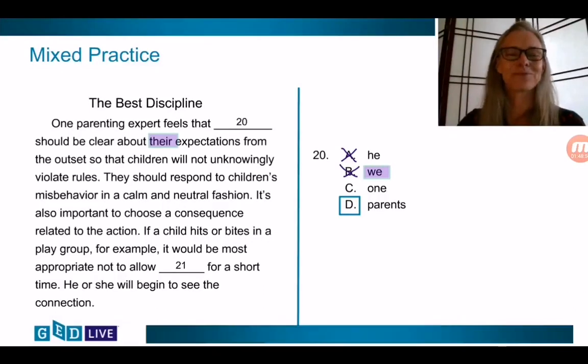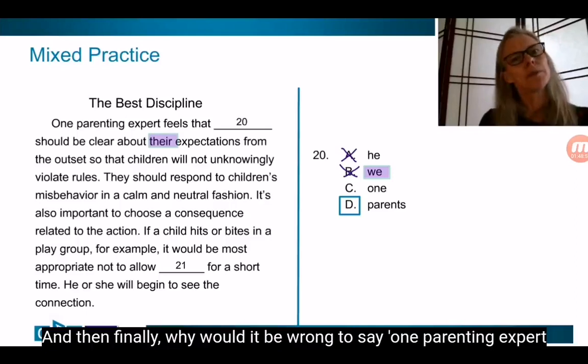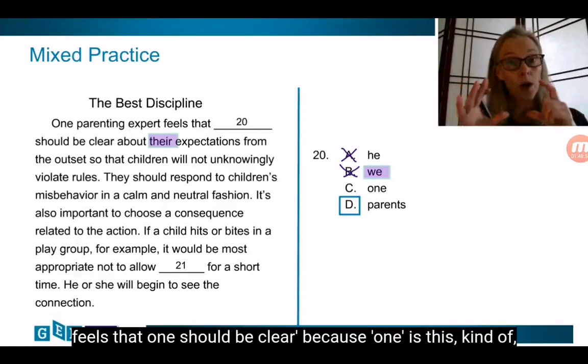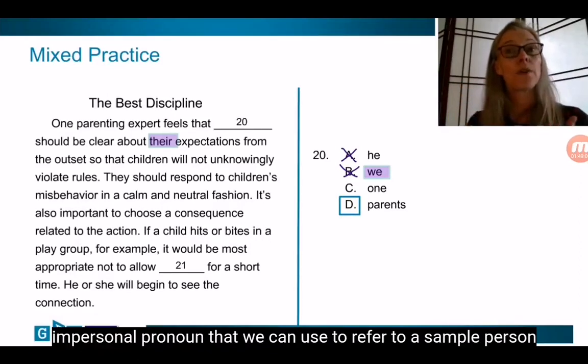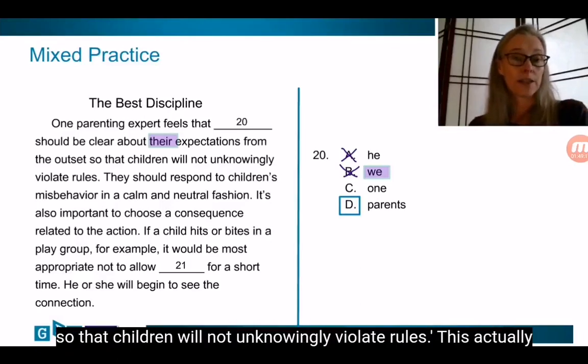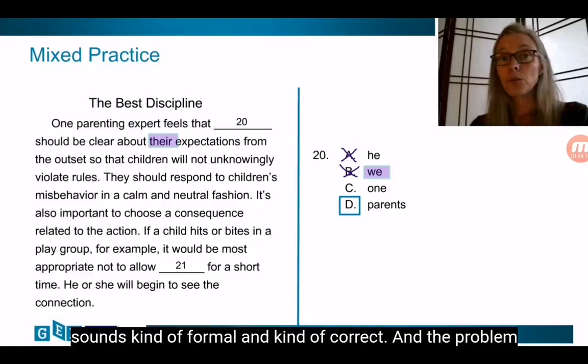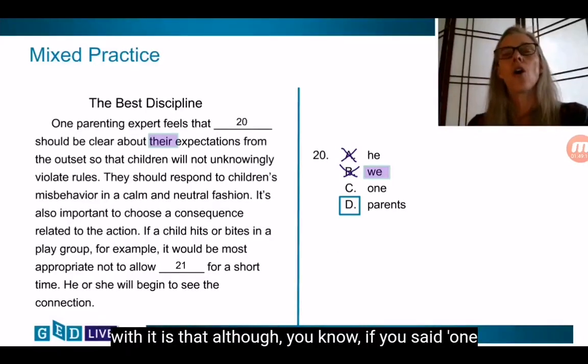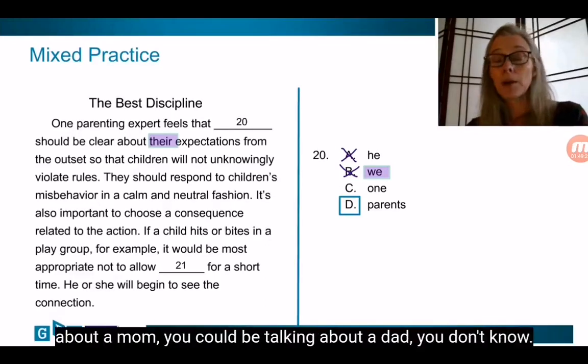And then finally, why would it be wrong to say one parenting expert feels that one should be clear? Because "one" is this kind of impersonal pronoun that we can use to refer to a sample person, right? So one should be clear about their expectations so that children will not unknowingly violate rules. This actually sounds kind of formal and kind of correct. And the problem with it is that, although if you said one should be clear about their expectations, you could be talking about a mom, you could be talking about a dad you don't know.